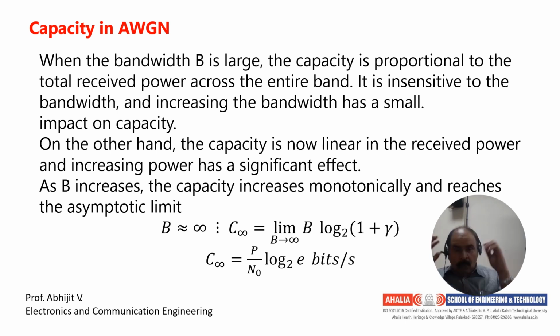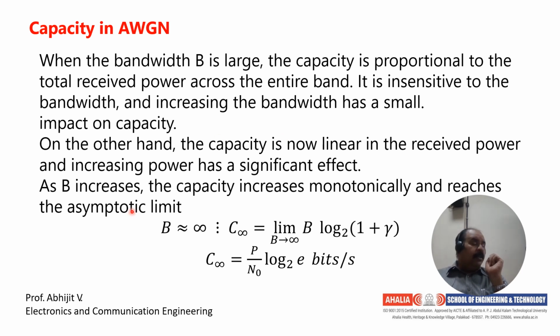Similarly, when bandwidth B is large, the capacity is proportional to the total received power across the entire band. It is insensitive to the bandwidth, and increasing the bandwidth has a smaller impact on the capacity of the channel.